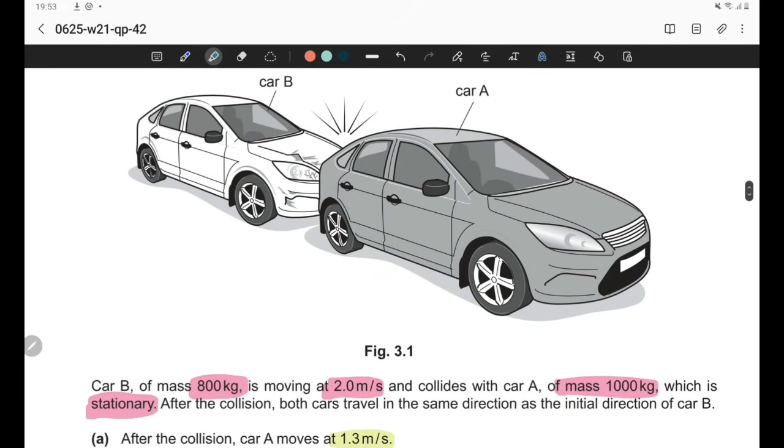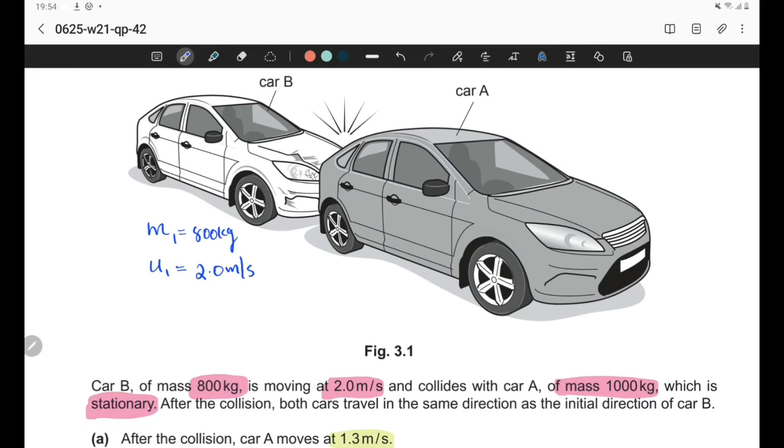So in this question we have two cars. Car B is having a mass 800 kg. So we can consider the mass of first car M1 is 800 kg and which was moving with the initial velocity 2. So U1, initial velocity of the first car, we can represent with U1, which is 2 meter per second.